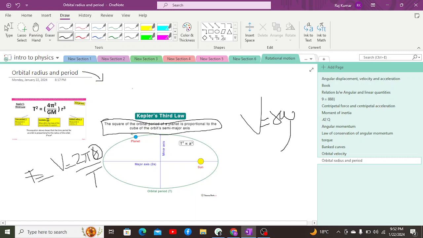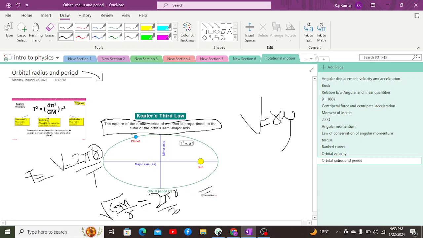The value of v is radical GM upon r. So radical GM upon r is equal to 2 pi r upon t.